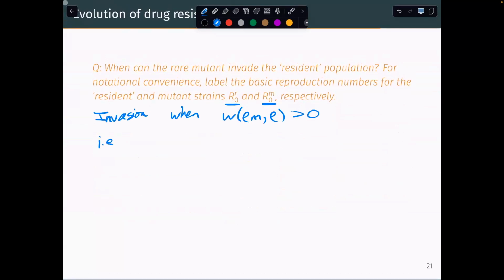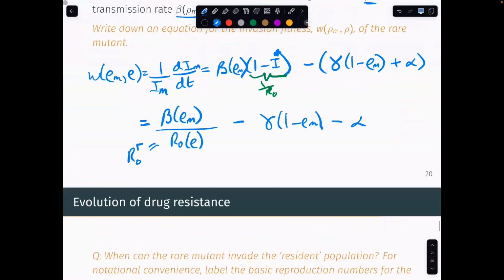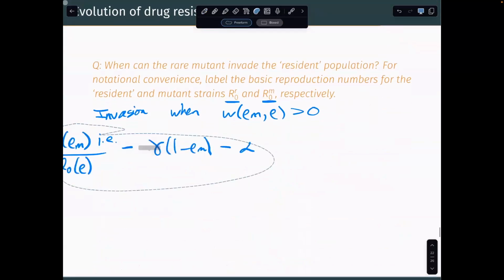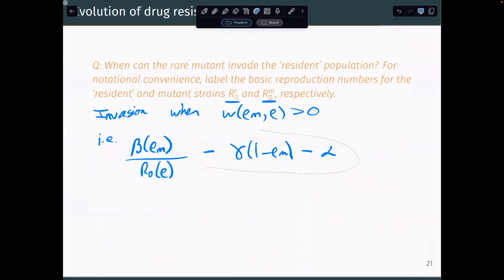So we've just worked out what this invasion fitness is. It's this here. So in other words, we need this expression from the previous slide to be positive.